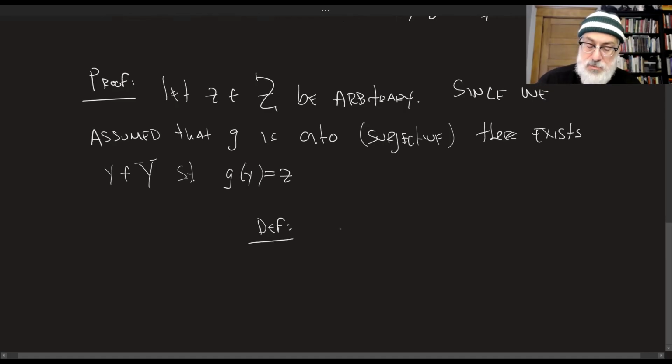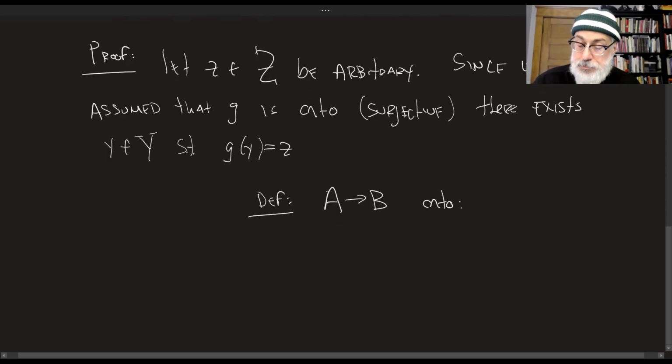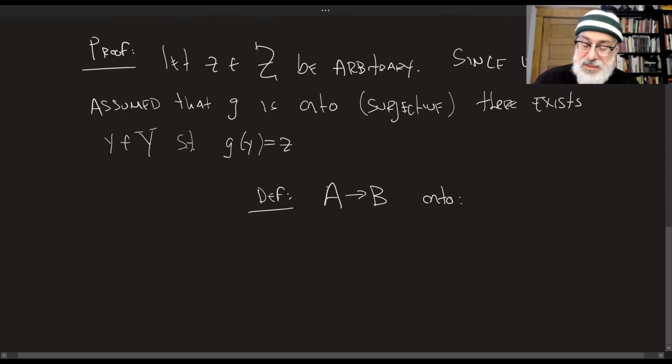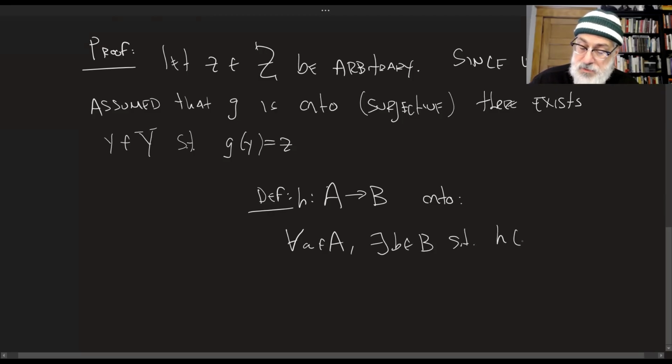Let's say that we have a set A to B, and the function h goes from A to B. Onto, by definition, will mean that for all a in A, there exists a b in B such that h of b is equal to a.